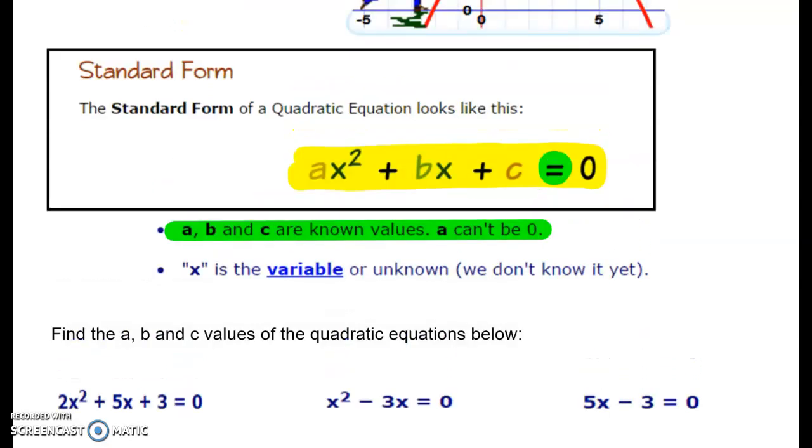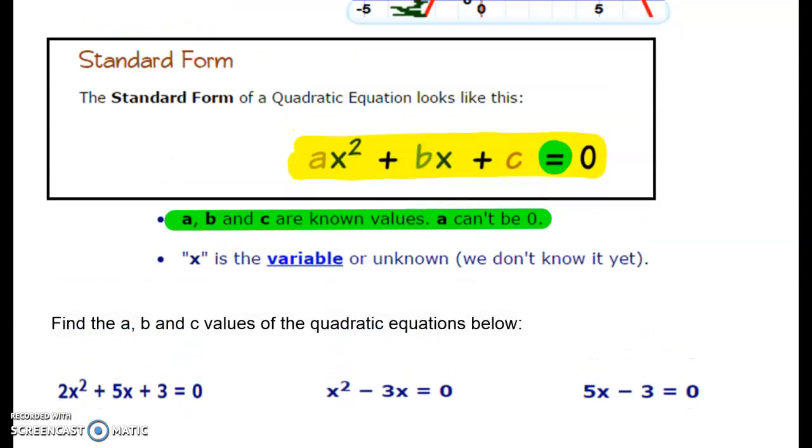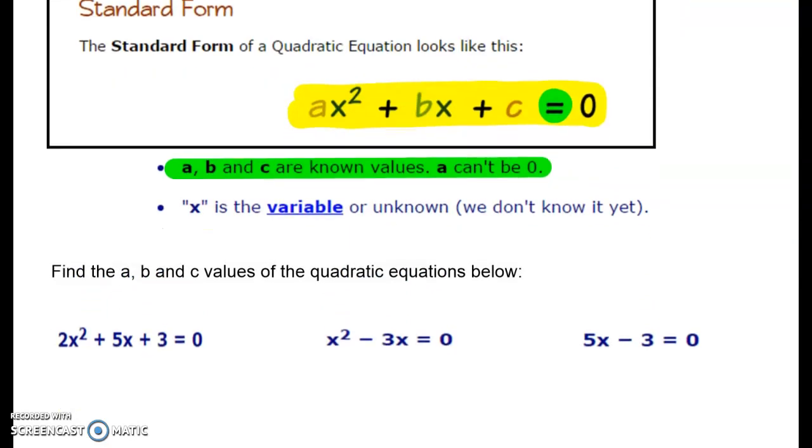So when we're asked at the bottom here to find a, b, and c values of the quadratic equations, the first one we can look at and know. a is in front of the x squared, b is in front of the x, and c is the constant term at the end, and the whole thing equals 0. The next one, okay, this one looks a little different, doesn't it?